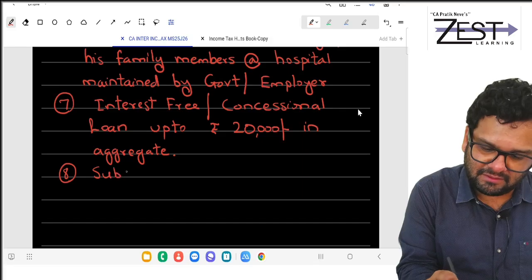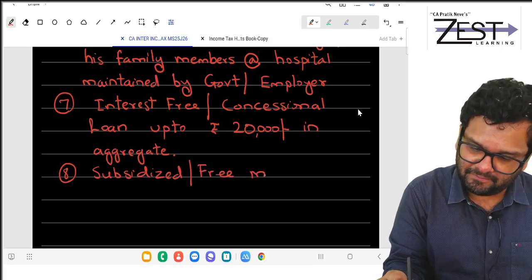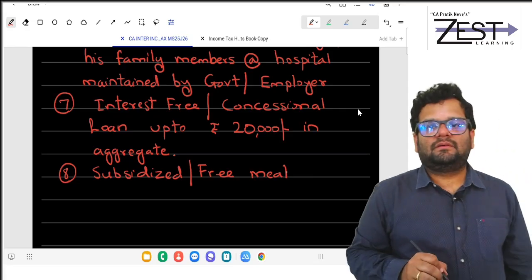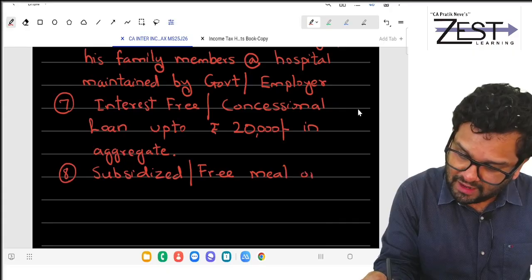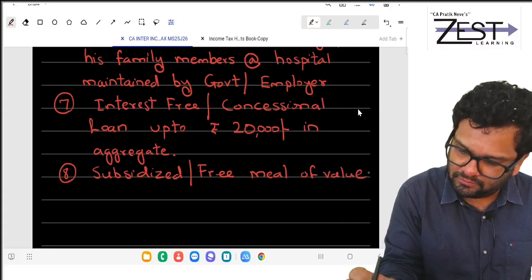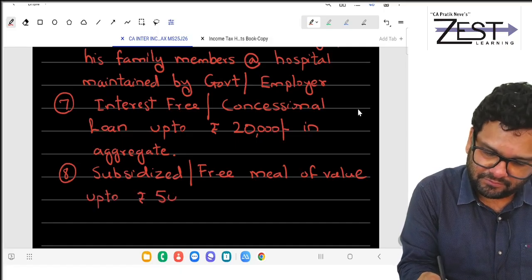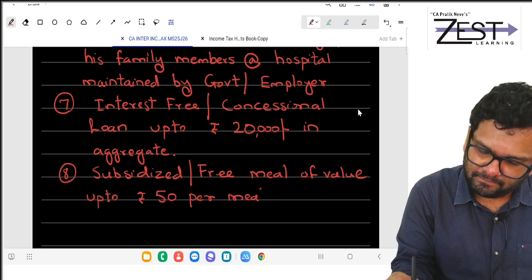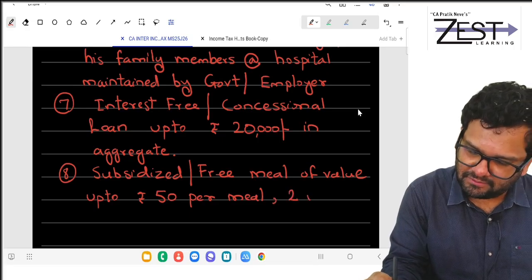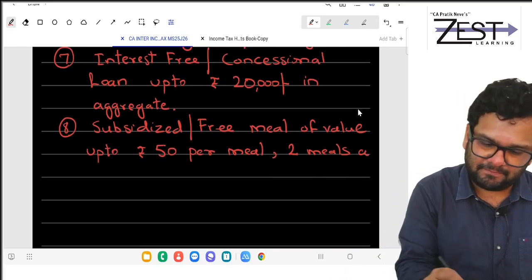Subsidized meal. Subsidized or free meal of value up to rupees 50 per meal, 2 meals a day.